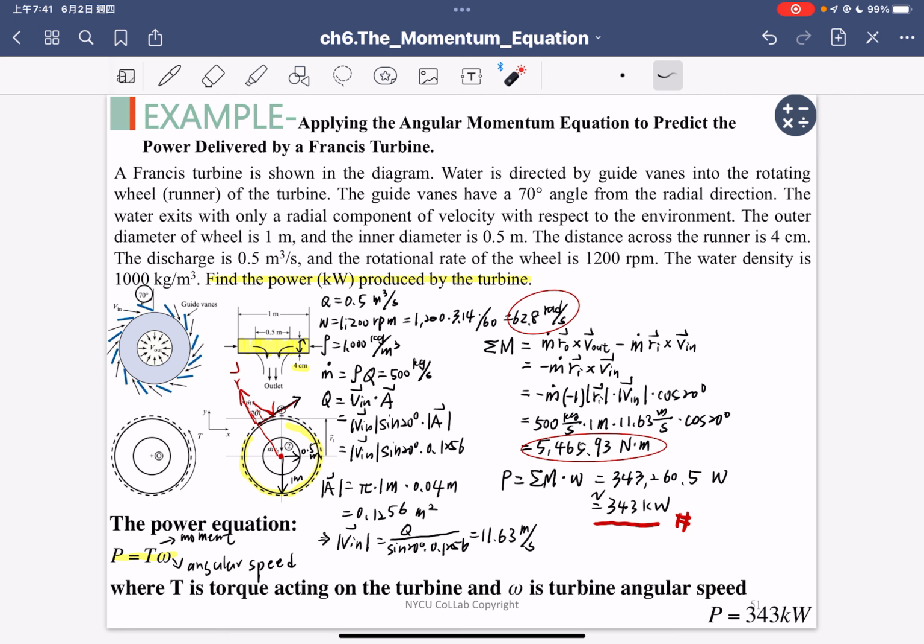So we can base on the angular momentum equations to first calculate how large the moment is, and based on the equation shown here, the moment multiplied by the angular speed will equal the power. So we can predict how large the power generated by the Francis turbine is. This is the efficiency problem of the turbine.